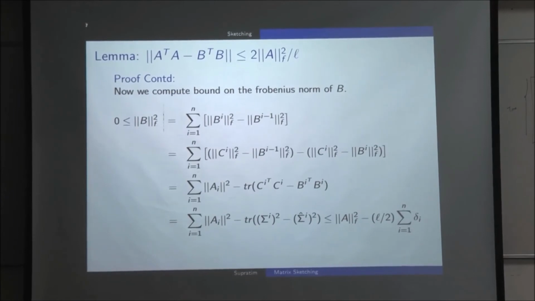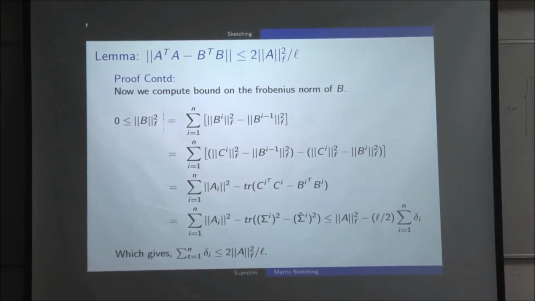So if we write it in a more proper way, we can see that sum over delta I can be bounded by 2 times Frobenius norm by L.